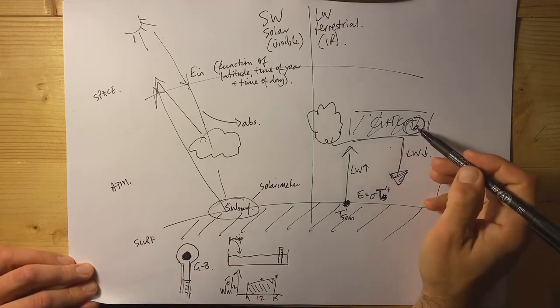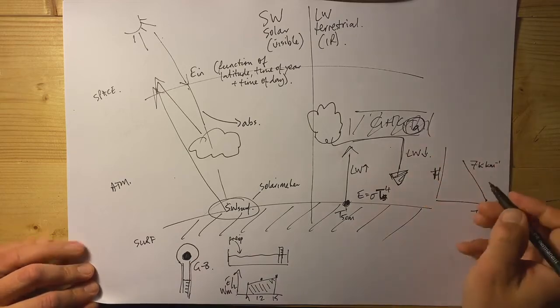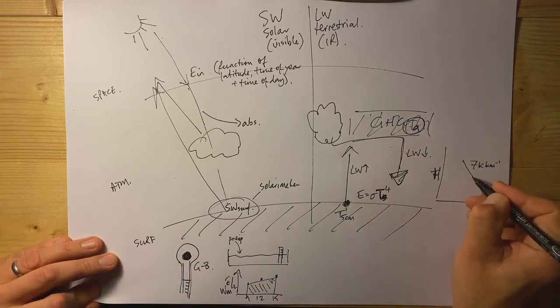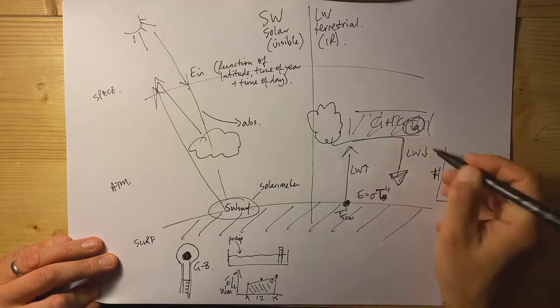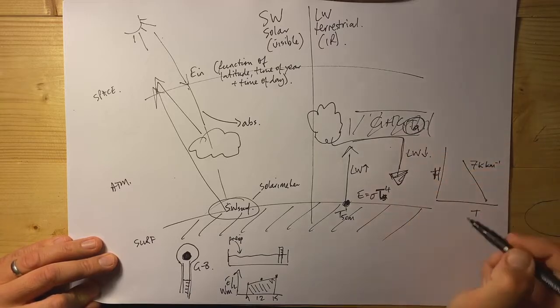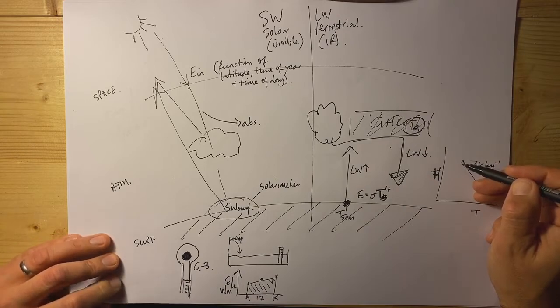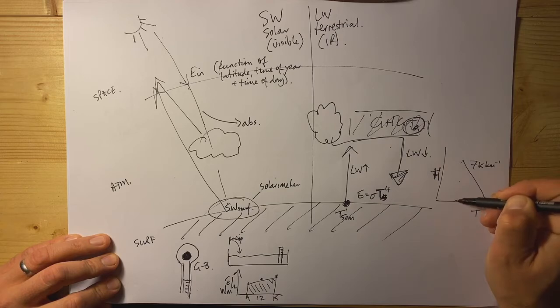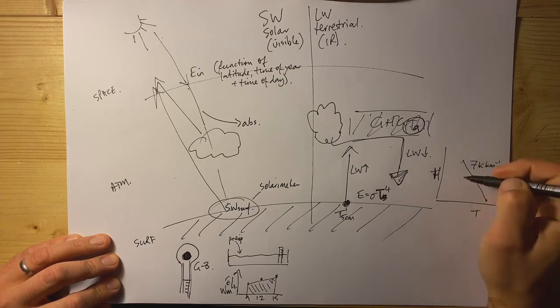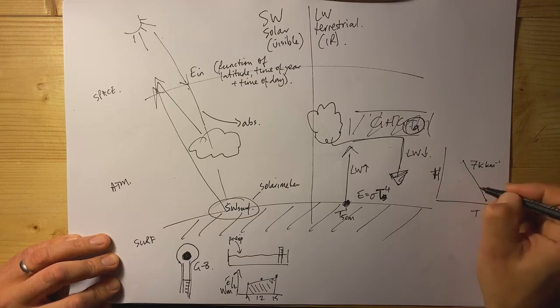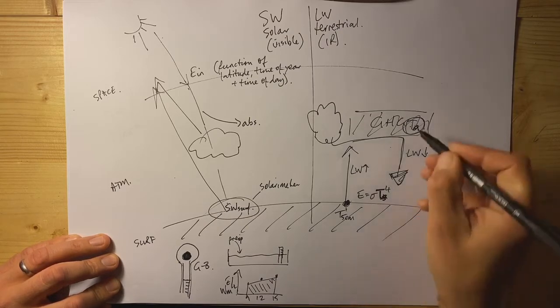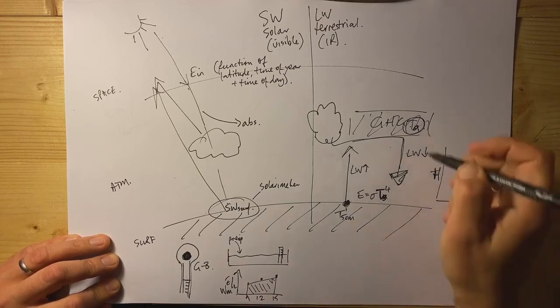Then we want to know how far up in the atmosphere we need to go. What's the relevant temperature for emitting energy down to the surface? If we go up too high, then the energy coming down from there will all be absorbed by the atmosphere before it reaches the surface. This relates to something called the optical depth. Long story short, we go up to 400 meters, and that's the temperature we assume for the atmosphere.